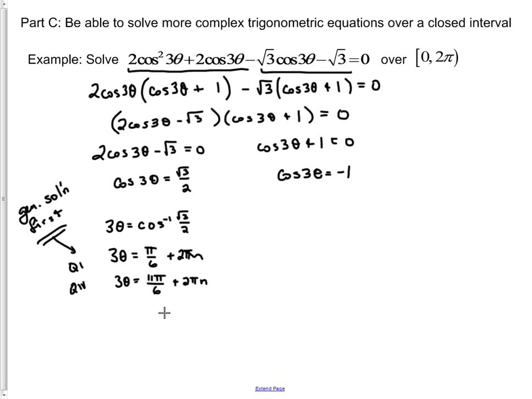In the fourth quadrant. All right, so these are the general solutions, but of course we need to isolate theta.